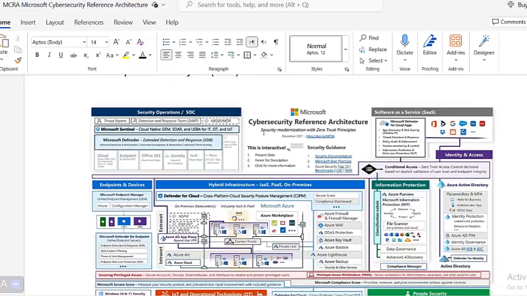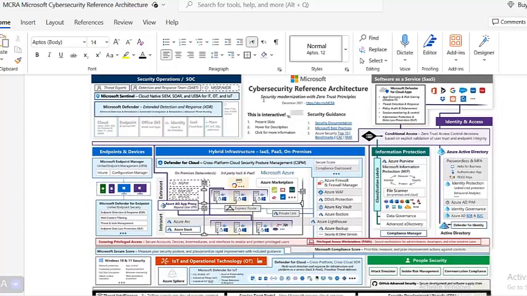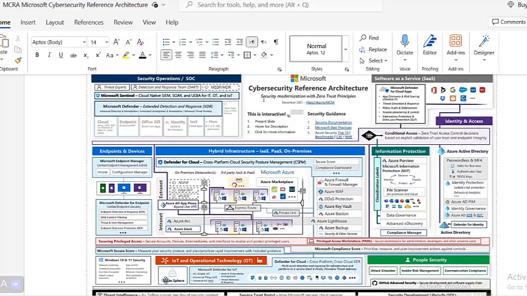And here is a reference of the Microsoft MCRA. So as you can see, it refers to the security operations, the SOC, the endpoints, hybrid infrastructure, IaaS, PaaS, on-premise, software as a service, information protection, Azure Active Directory, identity and access, people security, endpoint and devices.